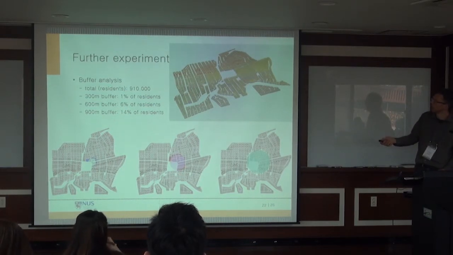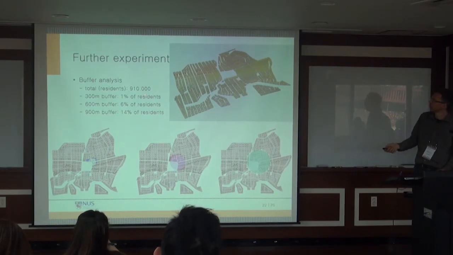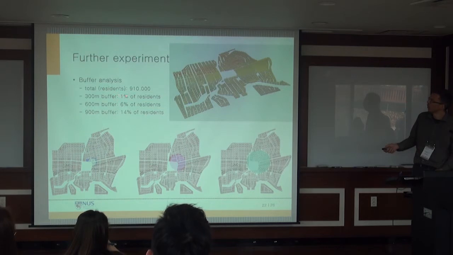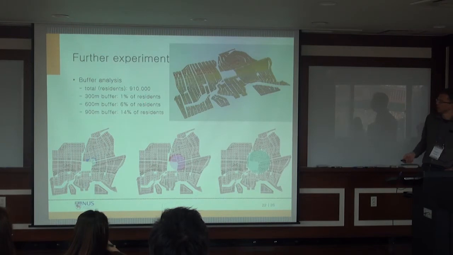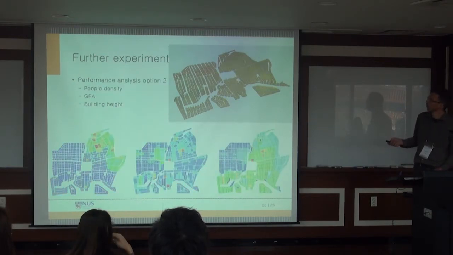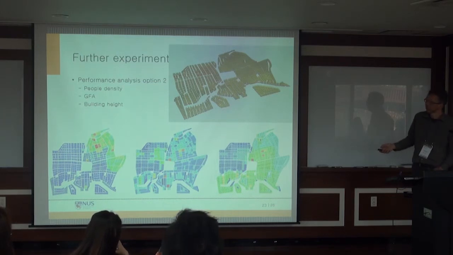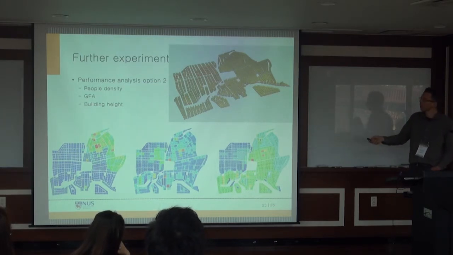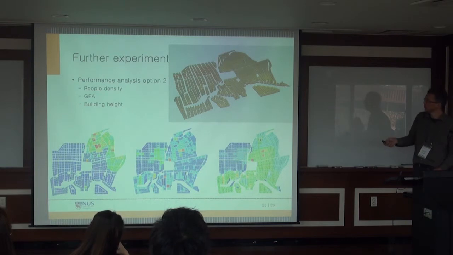And being able to tell us that in this particular area, there could be 910,000 people living. 1% of the residents would be within 300 meters of this particular point, which would be an MRT station. And depending on the size of the buffer, you have these percentages. Then looking at an alternative, let's say, for example, based on the results, saying, well, okay, but we could do better.